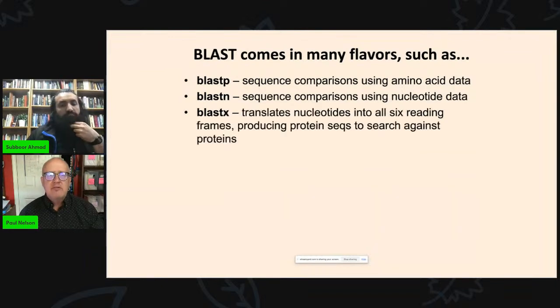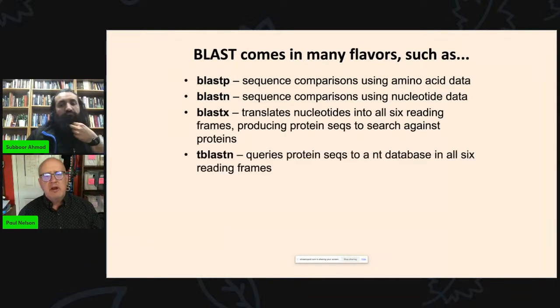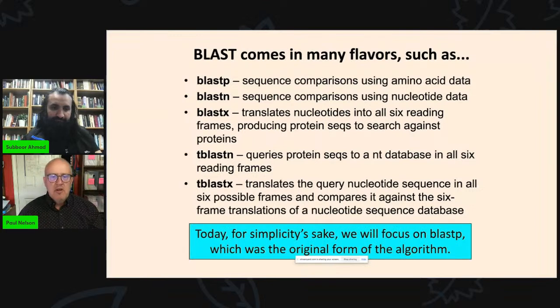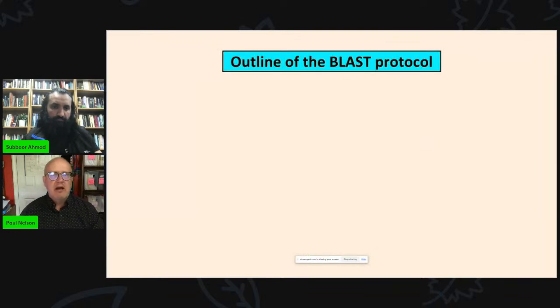BLAST-N is nucleotide data, and then there are a variety of BLAST tools that give you multiple reading frames. These are not, to my knowledge, as widely used, but the point is, BLAST has lots of different versions since it was originally formulated. For simplicity's sake, for today, we'll look at BLAST-P, which is the original form of the algorithm.